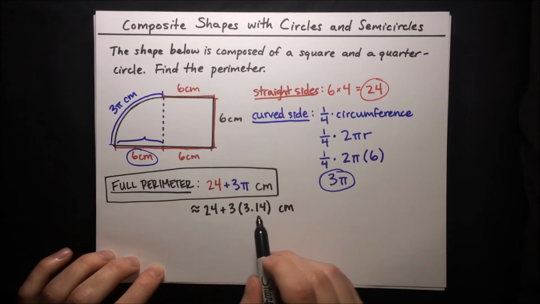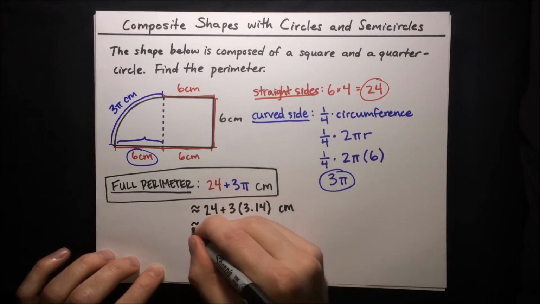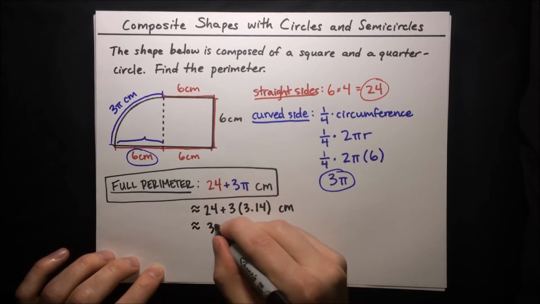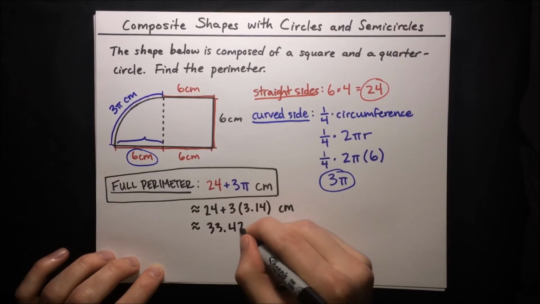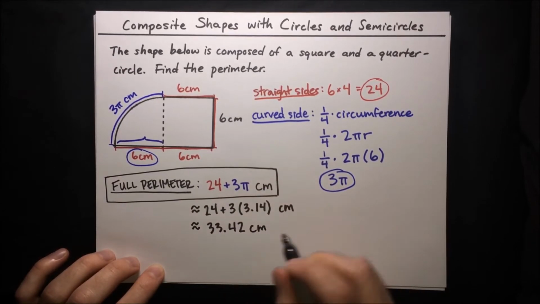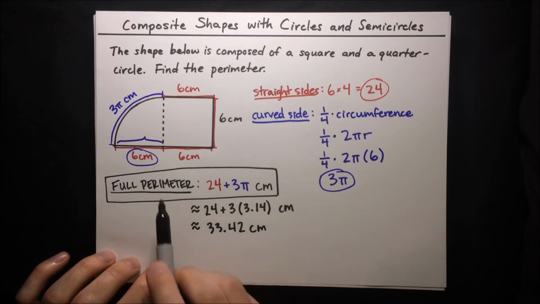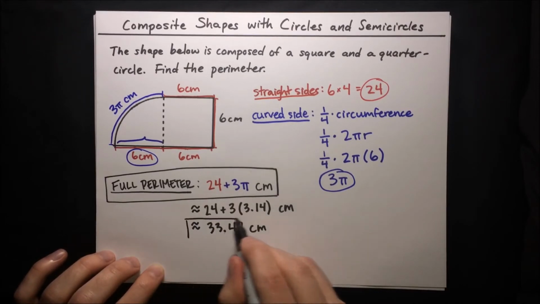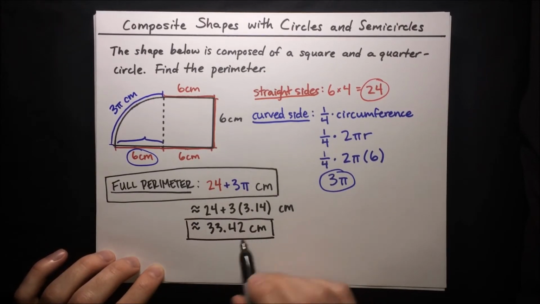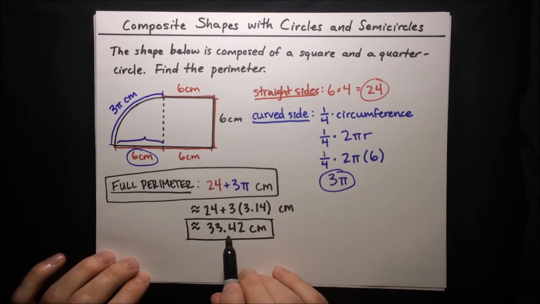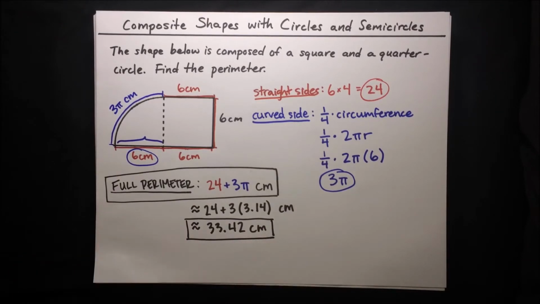And if we punch that into our calculator, then we find that that is roughly equal to 33.42 centimeters. So this is a decimal approximation of our full perimeter. It's not exactly our full perimeter. It's just rounded to the nearest hundredth place. But it gives us a nice decimal number so that we have a better intuitive feel for how big this perimeter is.